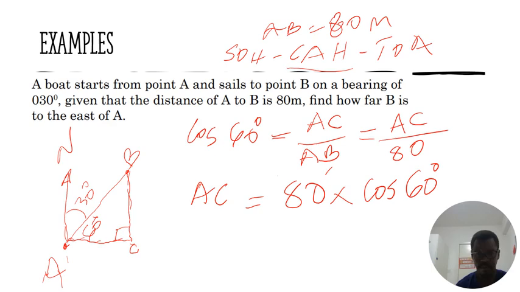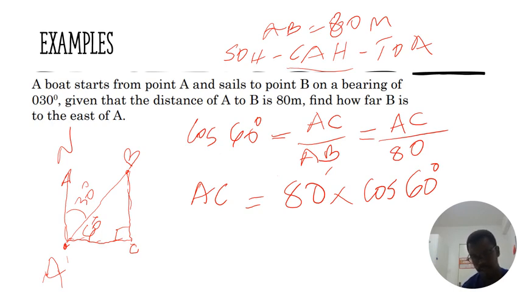Here's the cos. You take your calculator, you go where there is cos. That's cos 60 degrees.